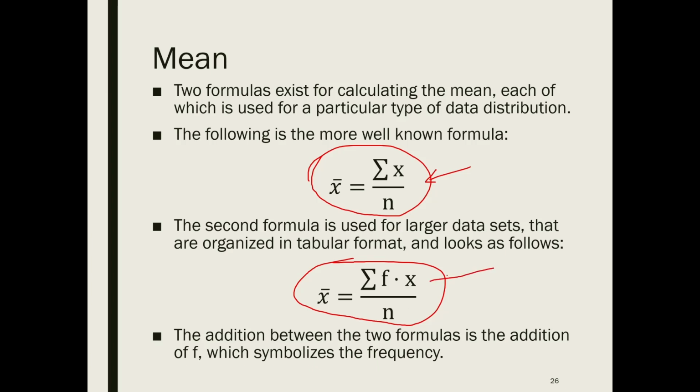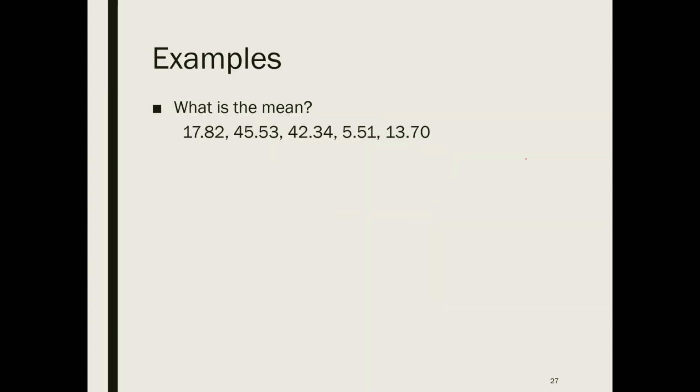The fundamental idea is the same: for the top, you need to calculate the sum of everything in the data and divide by the sample size. It's not a big difference. You just have to calculate everything and put everything together.